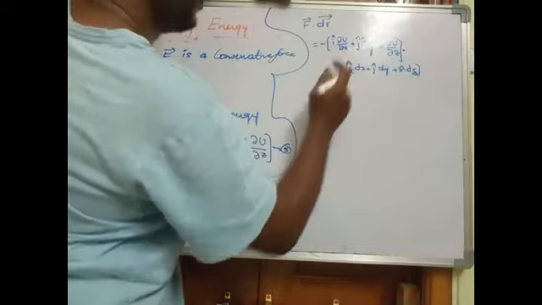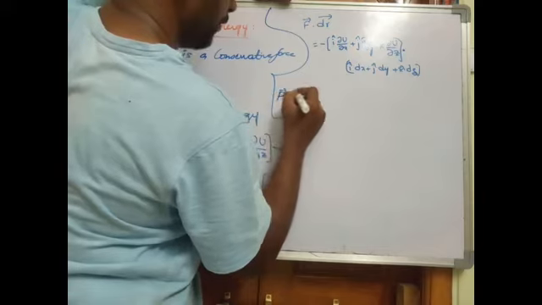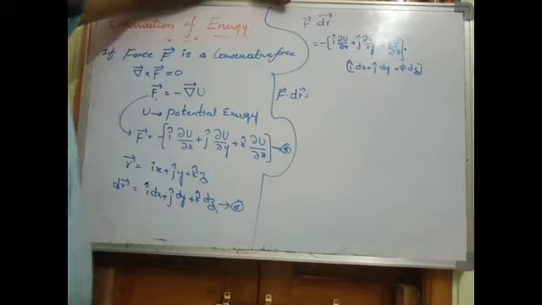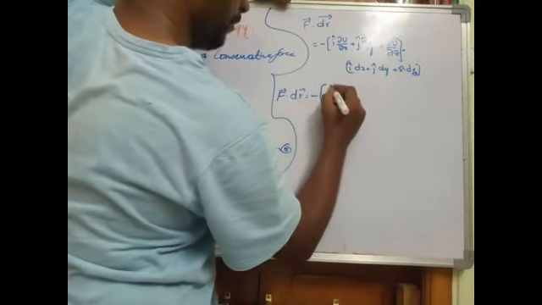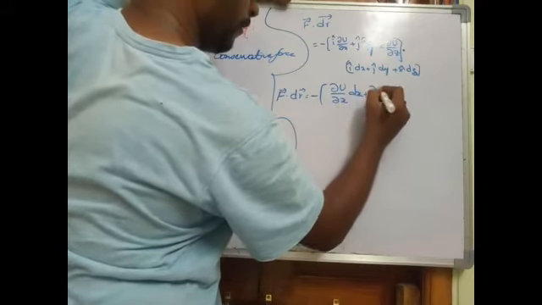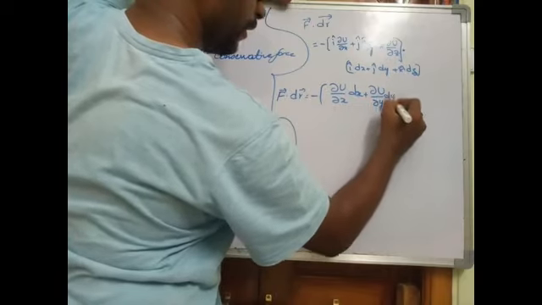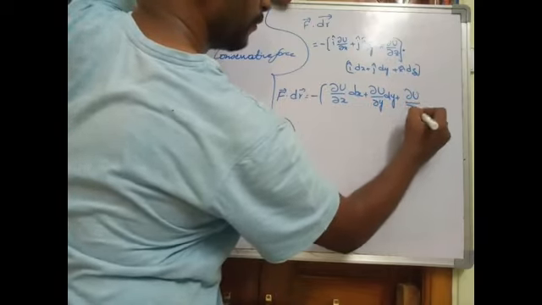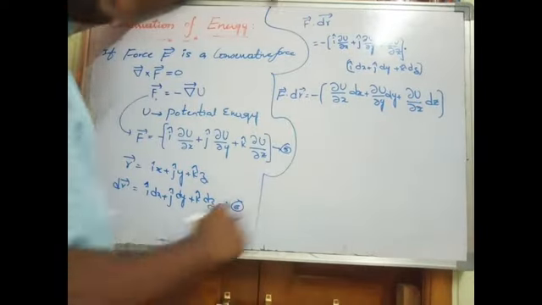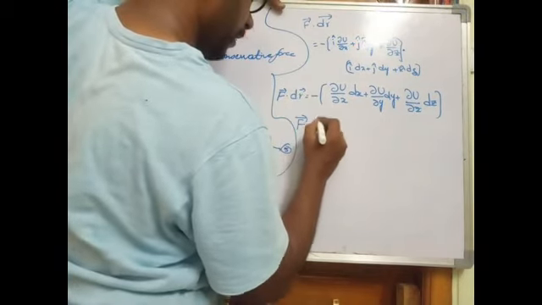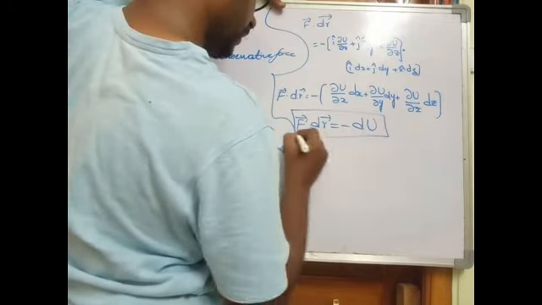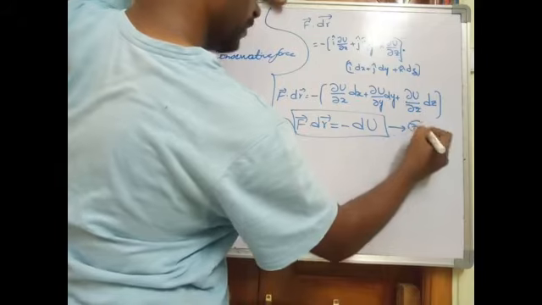Finally, F bar dot dr bar equals minus (dou u by dou x dx plus dou u by dou y dy plus dou u by dou z dz), which is equal to minus du. Assume this is equation number 7.